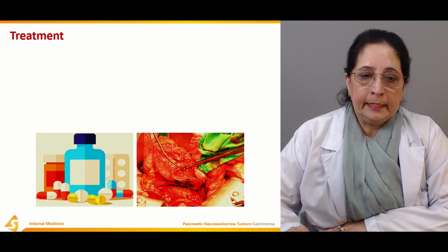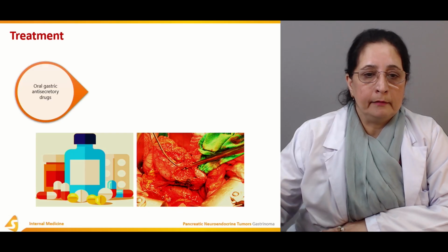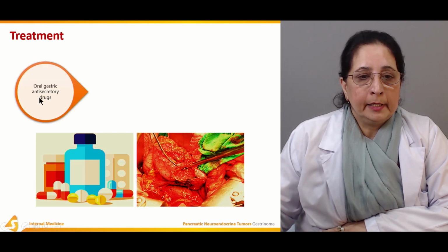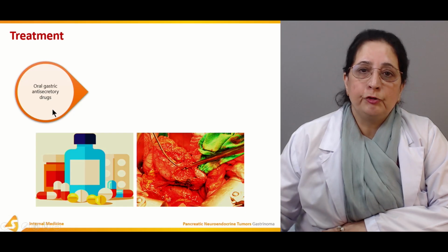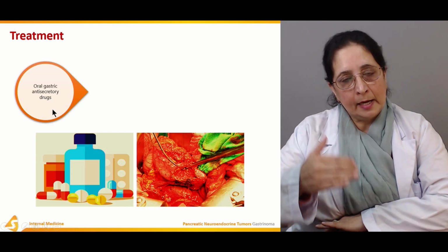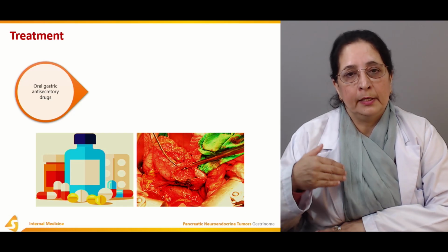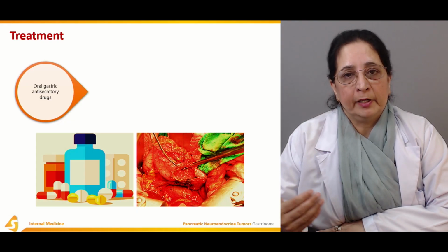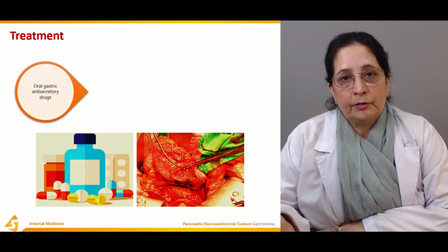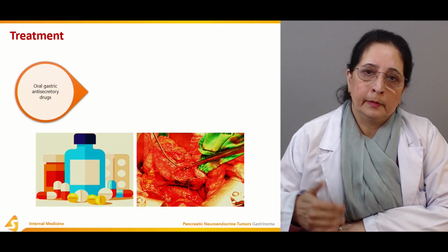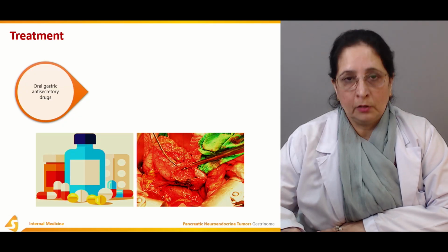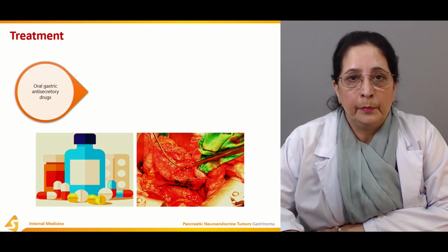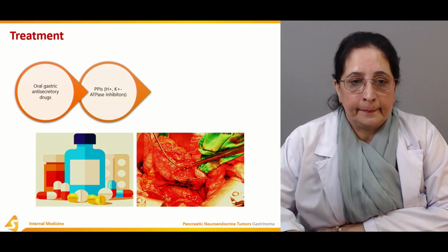For treatment of the gastrinomas, we have oral gastric anti-secretory drugs that try to lower the level of gastric acid and gastrin secretion to relieve the patient of the symptoms of heartburn and abdominal pain.